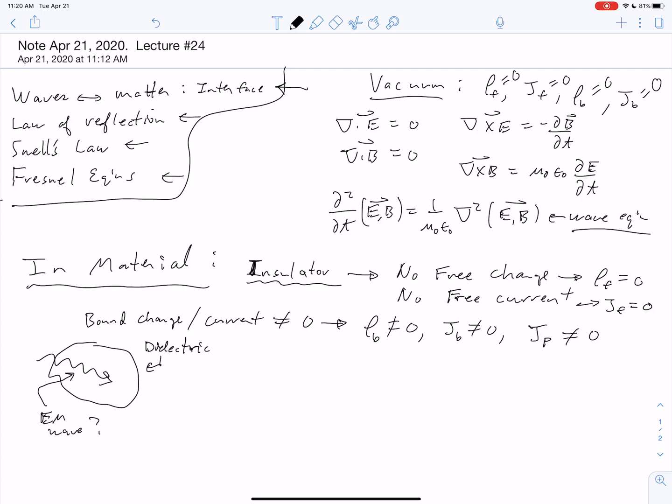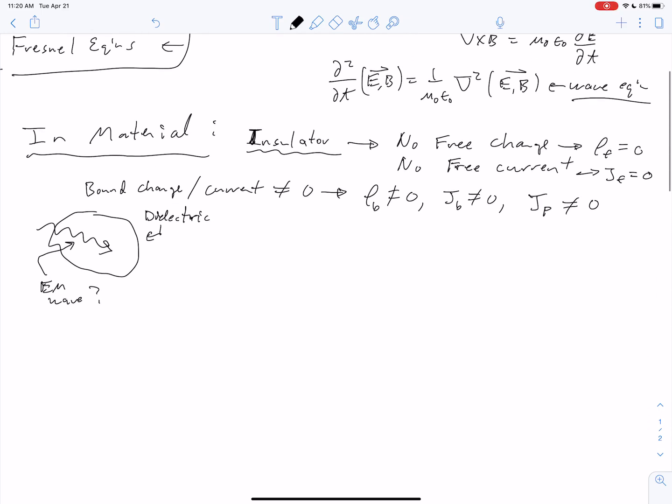Okay, well, that's pretty easy to show because we just write down Maxwell's equations in the dielectric. Now in the dielectric we have del dot D is equal to rho free, but rho free is 0, so that's equal to 0.